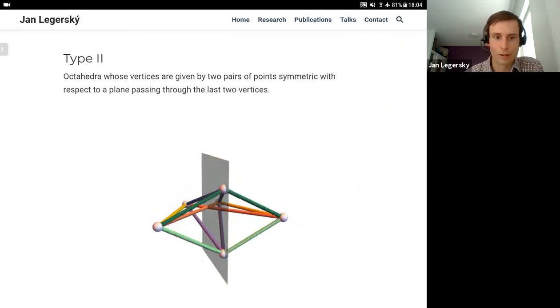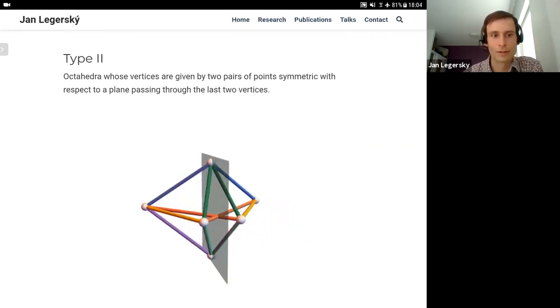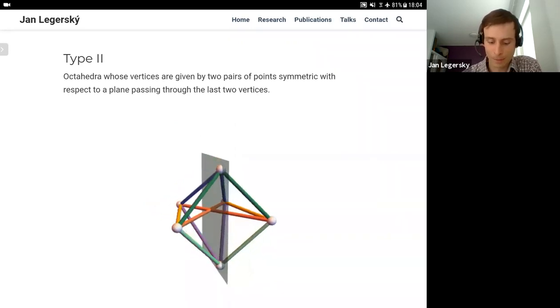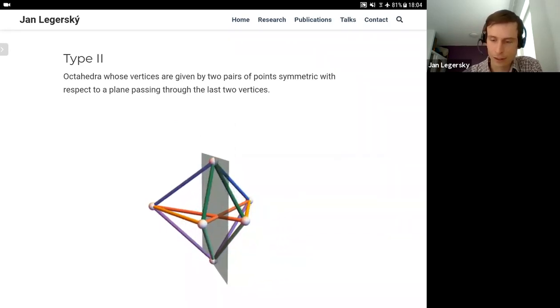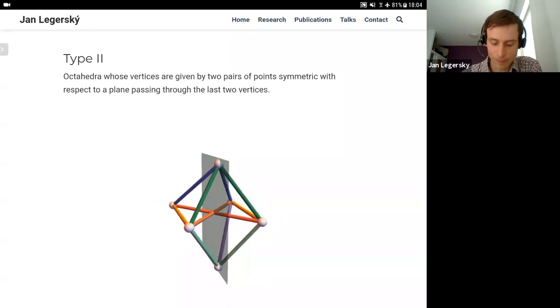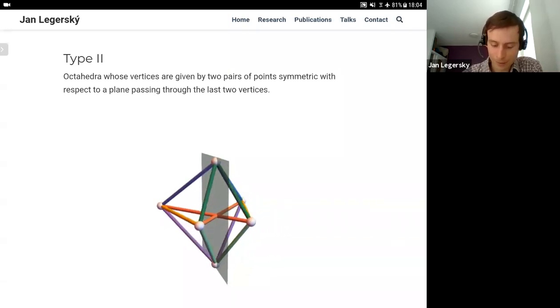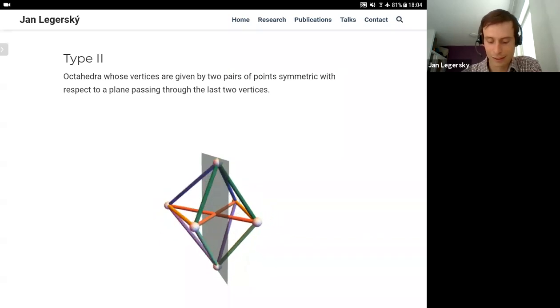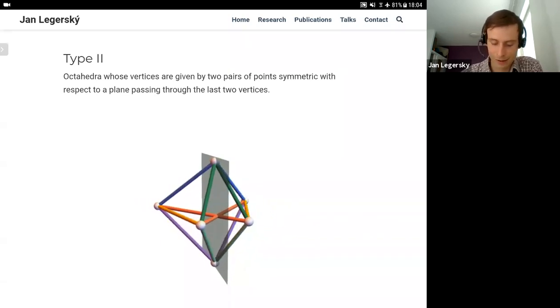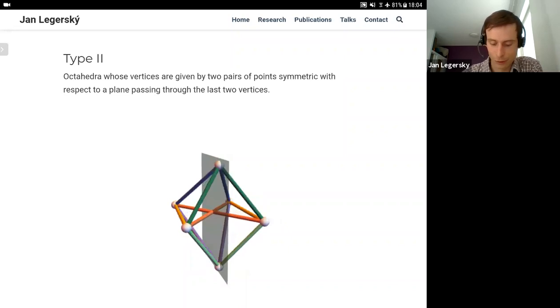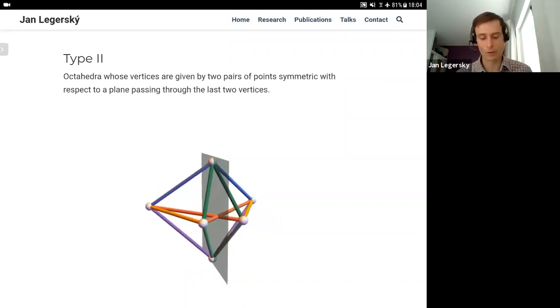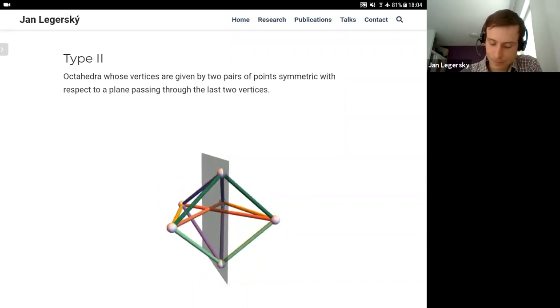Another type of Bricard's flexible octahedron is with plane symmetry. So the whole framework is plane symmetric. And again, just by counting parameters, one can show that such a framework, if you see this polyhedron as a framework, is flexible.